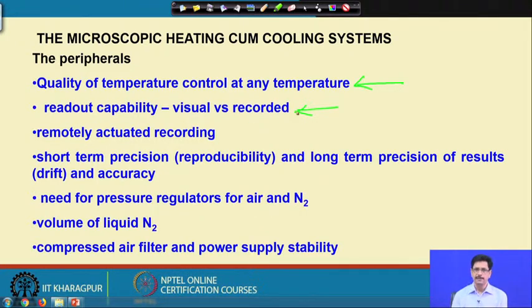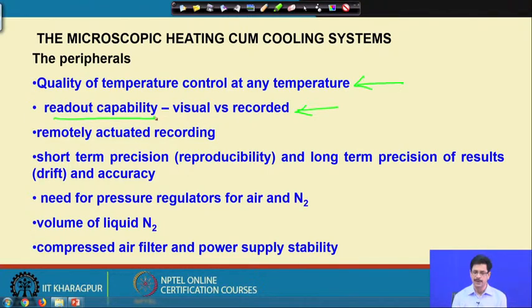Now, this situation has improved a great deal, and the readout capabilities, like the display device of the heating freezing system, record the temperature at which a particular phase change has occurred effectively, and sometimes it can also be put into memory so that the data can be utilized.